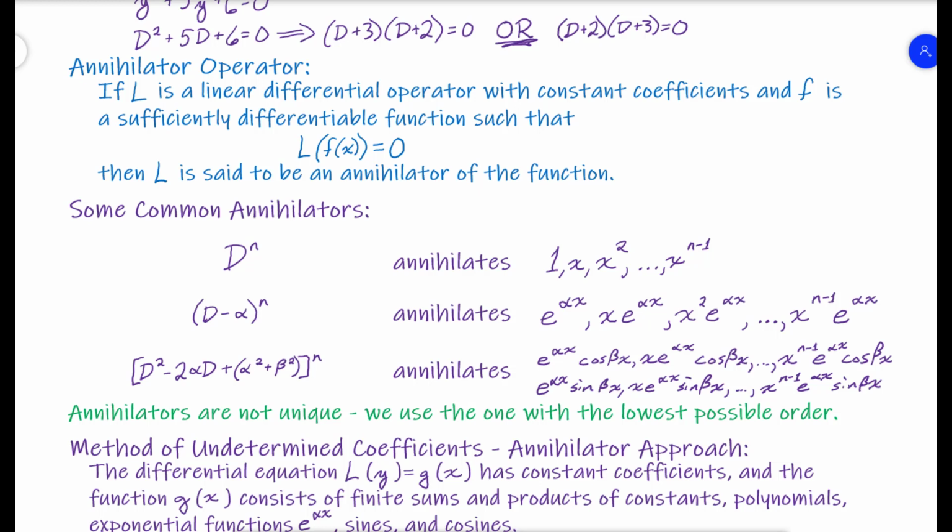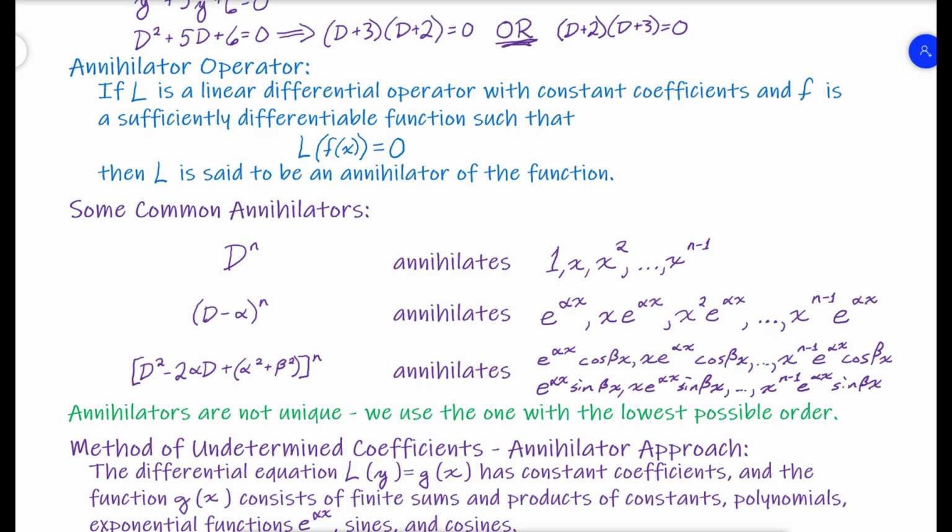And a final common annihilator is one that annihilates trig functions for us. So the quantity D squared minus 2 alpha D plus the quantity alpha squared plus beta squared, raised to the nth power, is going to annihilate e to the alpha x cosine of beta x, x e to the alpha x cosine of beta x, all the way up to x to the n minus 1 e to the alpha x cosine of beta x.